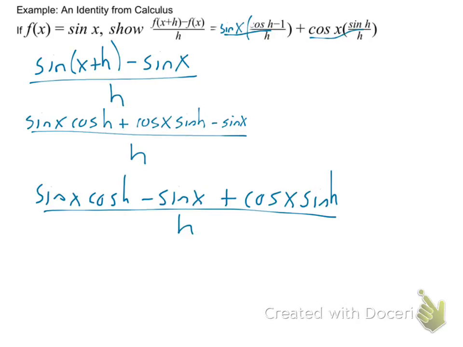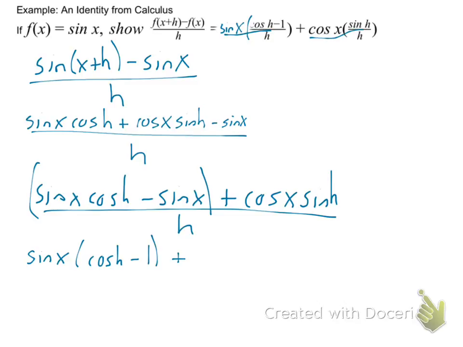They're just rearranging the deck chairs here. They rearranged, and then they said, wait a minute. If I put a set of parentheses around that, can I factor something out of that group? Yeah, you can take a sine, which leaves you with the cosine h minus 1.